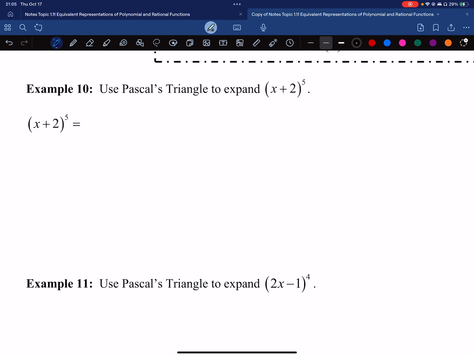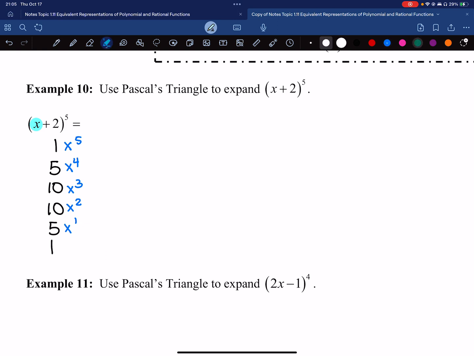So with this, we're using the 5th row where the coefficients are 1, 5, 10, 10, 5, 1. We're going to take the first term and we're going to have that one with the exponents going down, starting with an exponent of 5. x to the 5th, x to the 4th, x to the 3rd, x to the 2nd, x to the 1st, no x.